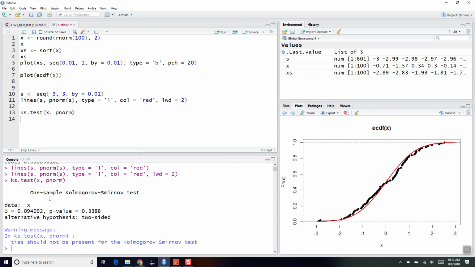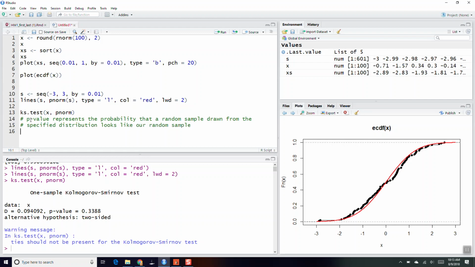We have the one sample Kolmogorov-Smirnov test, and it gives us a p-value of about 34%, which basically says that the p-value here represents the probability that a random sample drawn from the specified distribution looks like our random sample.